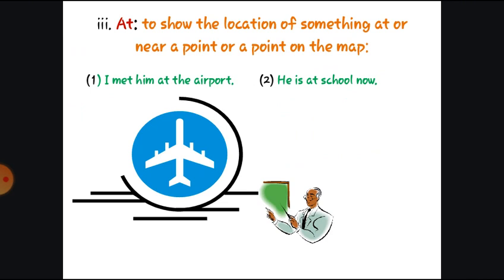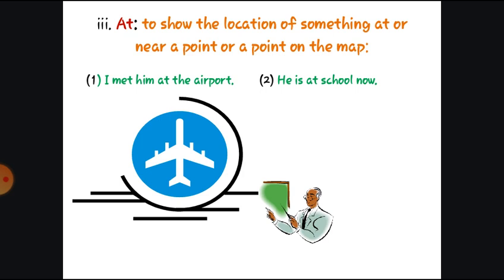The first example given here is, I meet him at the airport. That is the first sentence. Another example is here, he is at school now. That is the second sentence.